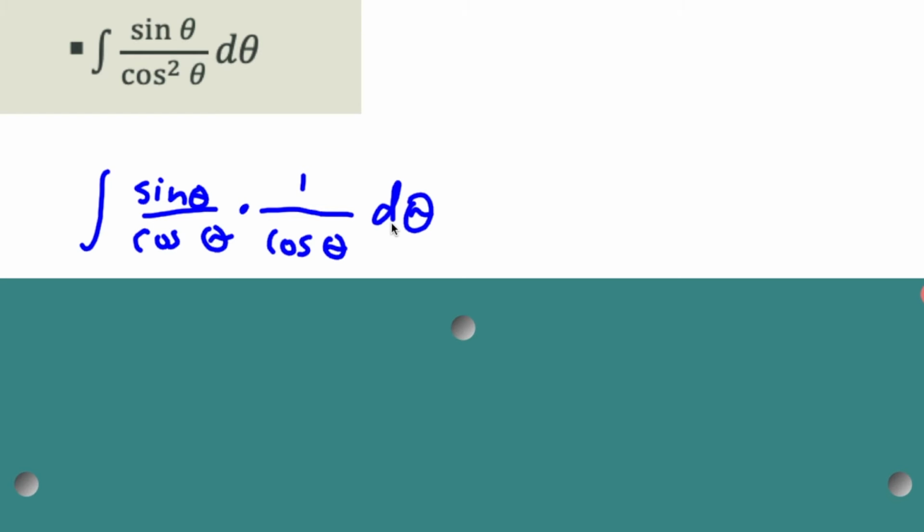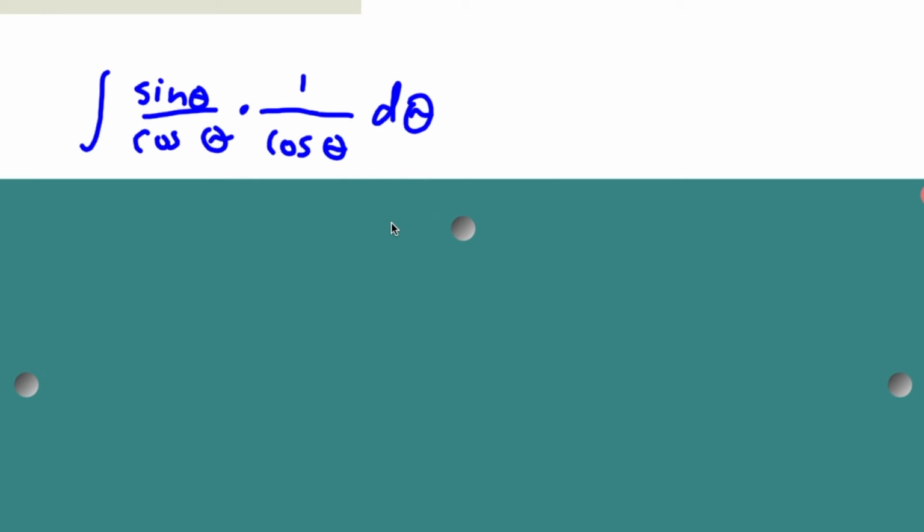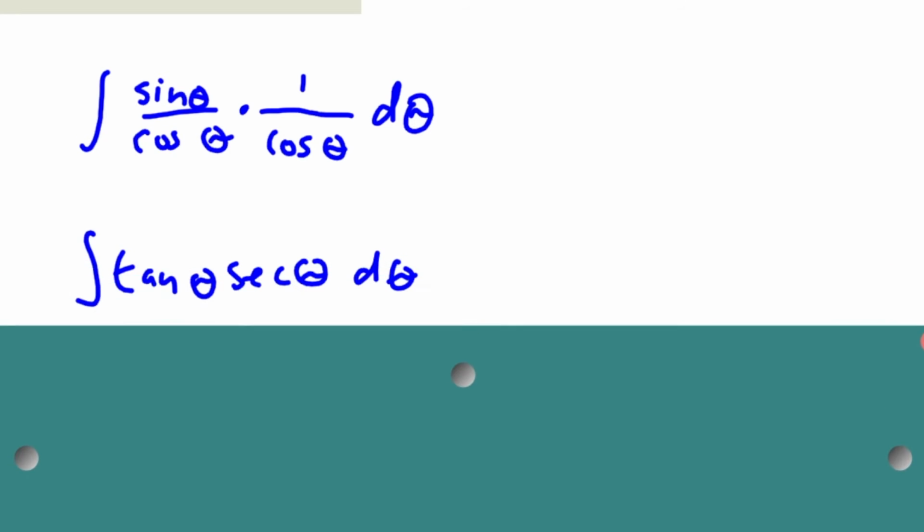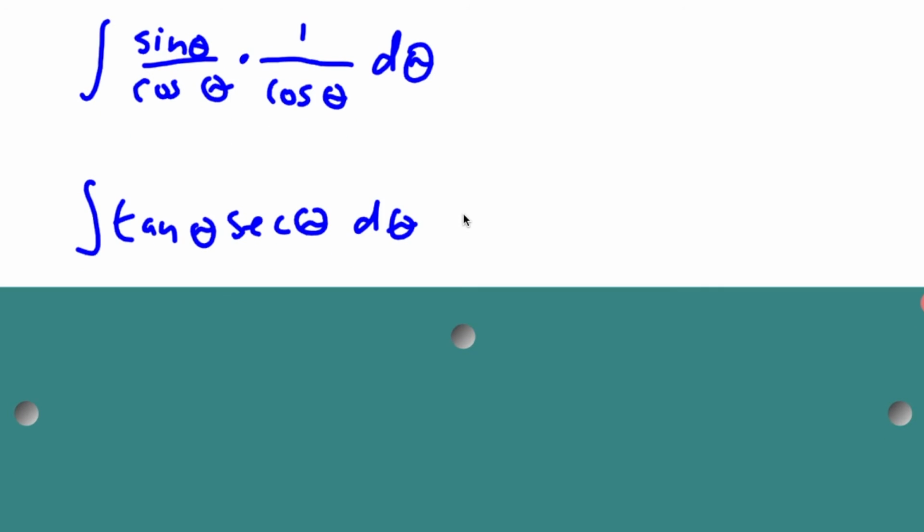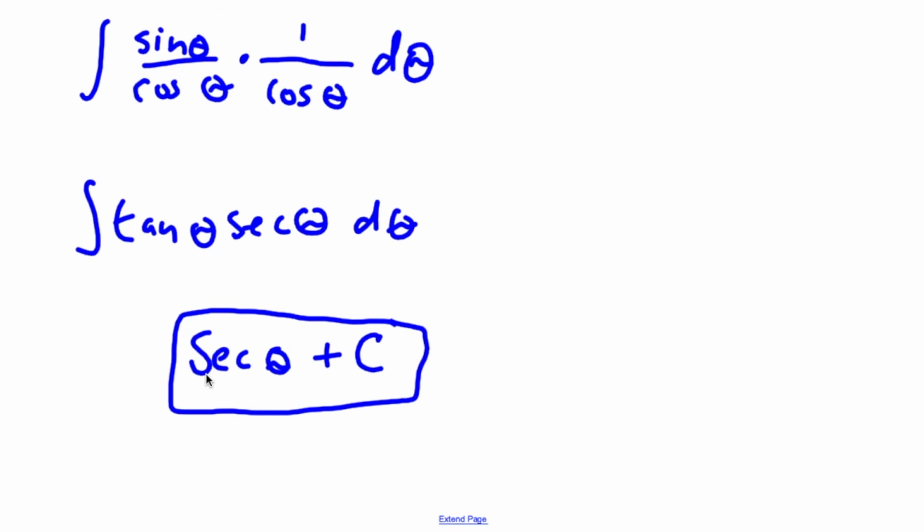So splitting this up into sine over cosine and 1 over cosine, because then from here we can say sine over cosine is tangent, 1 over cosine is secant. So I have tangent theta, secant theta, d theta. And if you know that list, if you have it memorized by now, then you already know that the answer is secant theta, and again we need to have that plus c there.